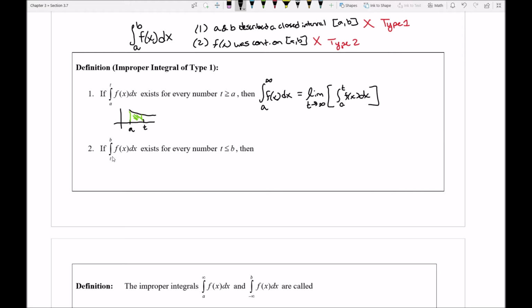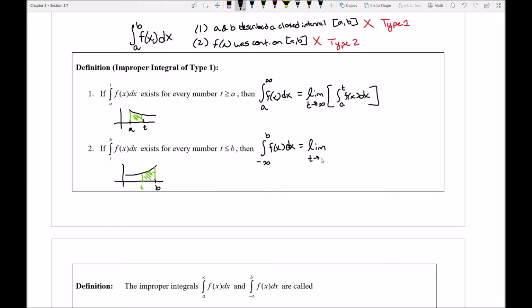Now, I can say the same sort of thing if I could imagine reversing the picture. What if I had my value of b existing over here, and maybe I had a curve kind of going the other way? If I could find the area all the way out until a value of t, and I can continue to find this area every time I slide t a little bit lower, then I can define an improper integral that would be negative infinity to b of f of x dx, and I'll just define that as a limit.